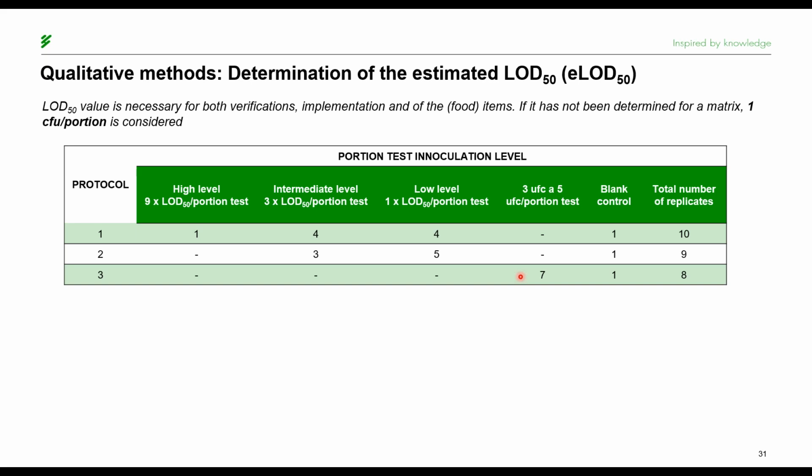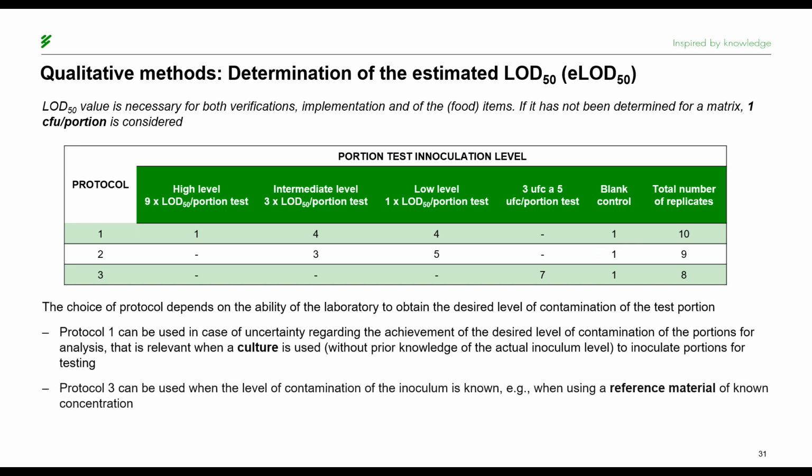For protocol 3, since it's not based on different levels of inoculation, it is based on a fixed level from 3 to 5 CFU per test portion, so 7 replicates are indicated. And for all of them, as you can see here, a blank control must be chosen, that is the uninoculated level.